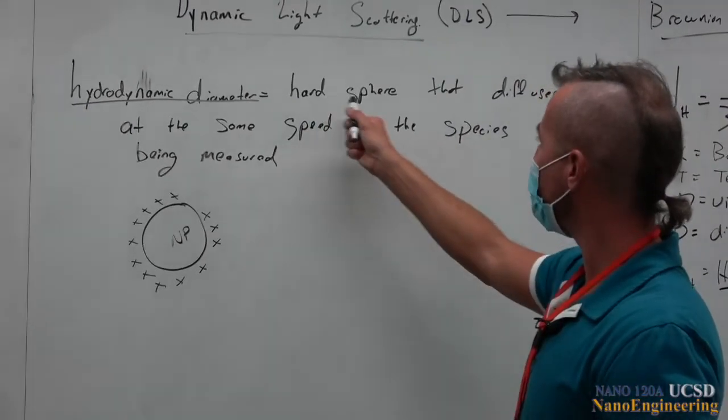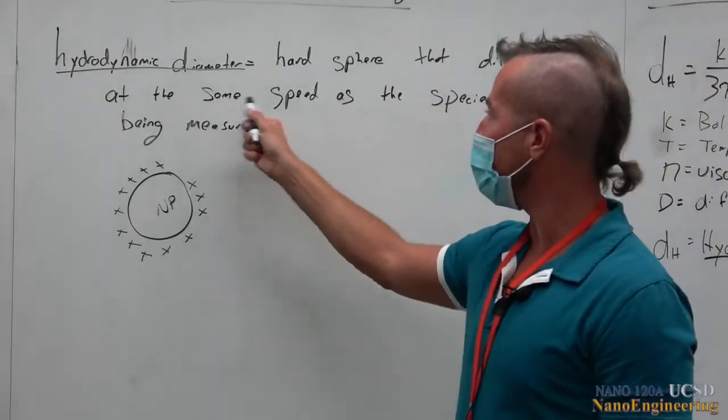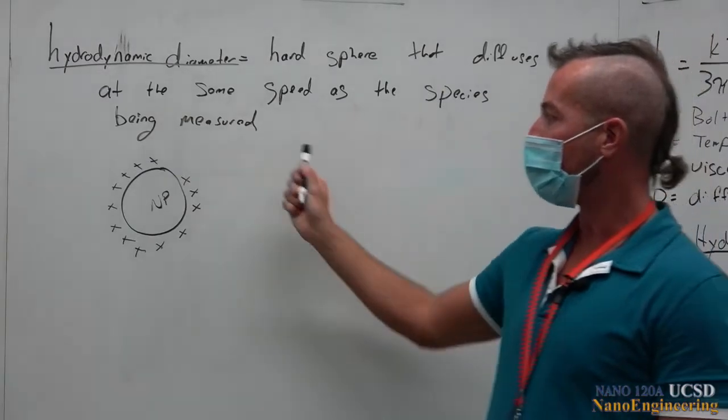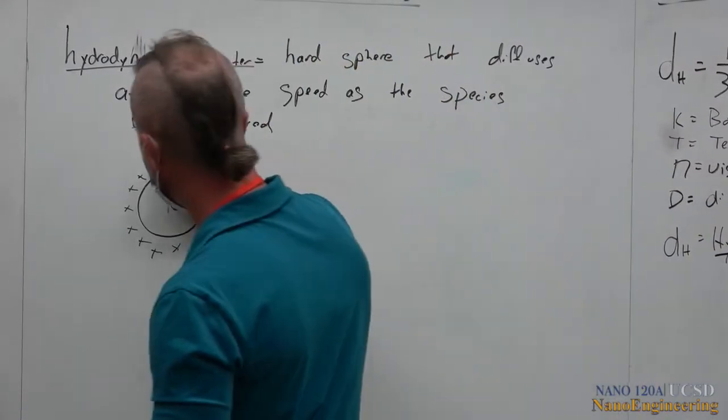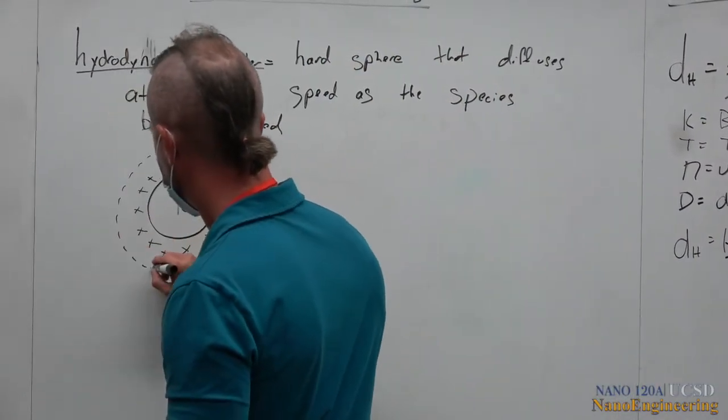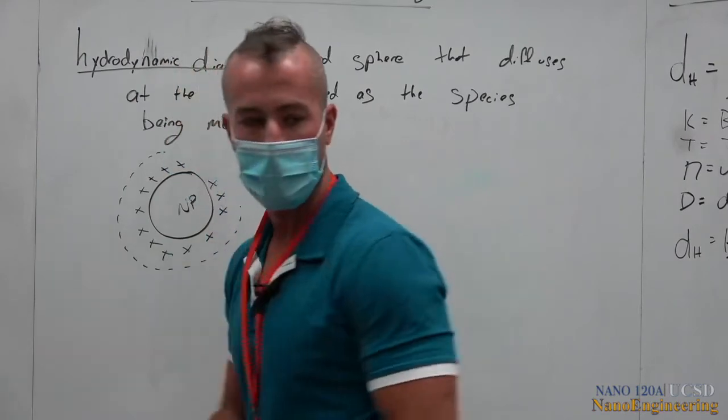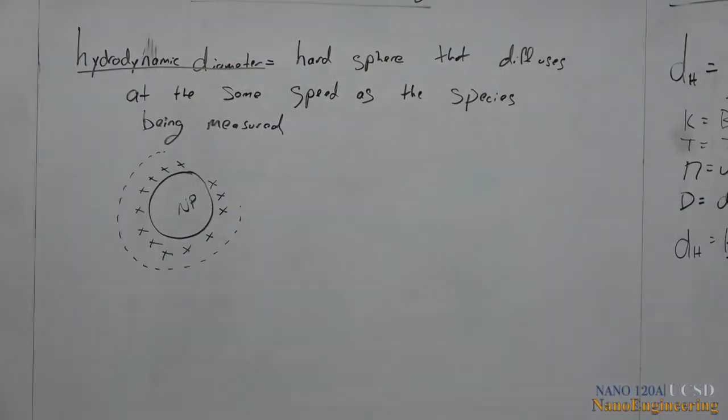So the hard sphere that diffuses at the same speed as the species being measured is actually, let me use a different color just because I can.